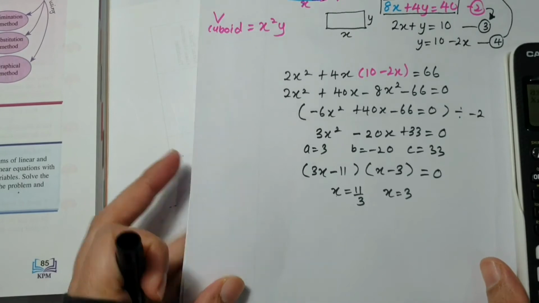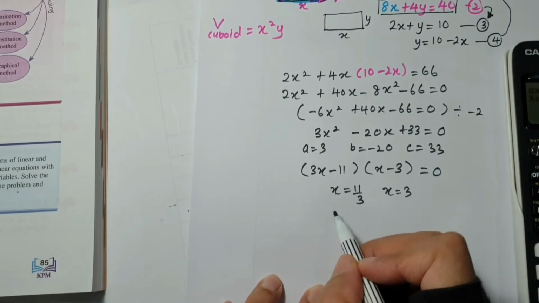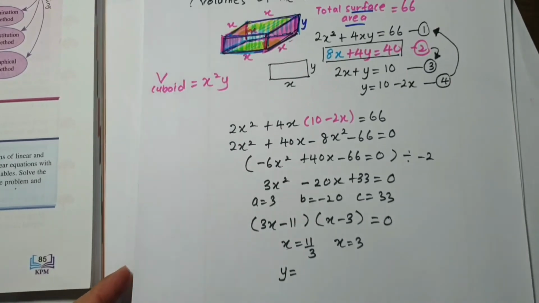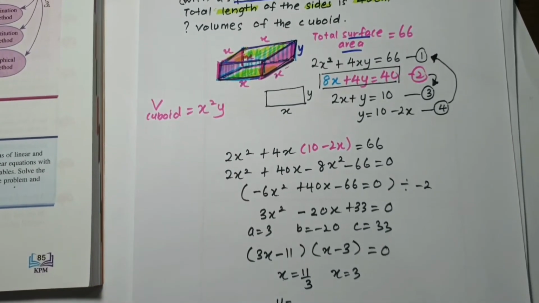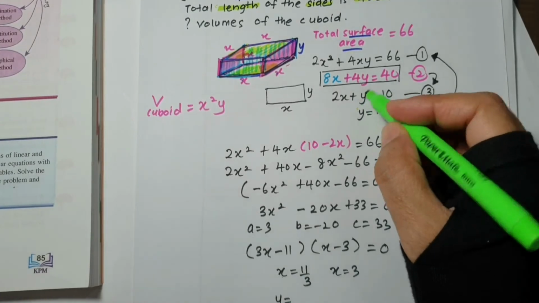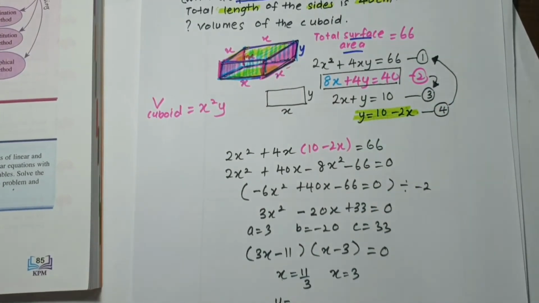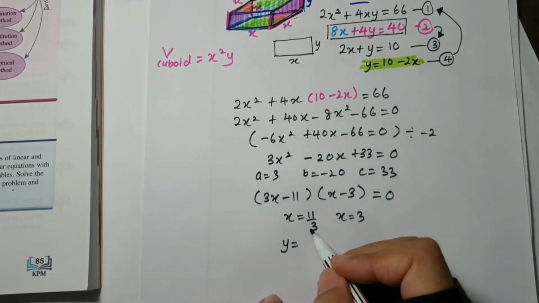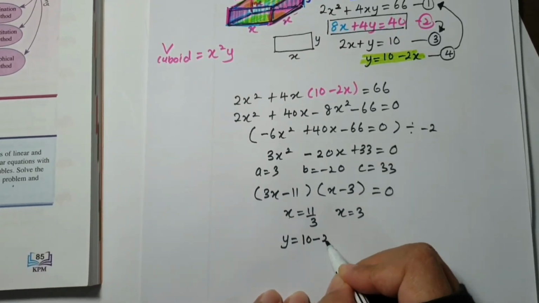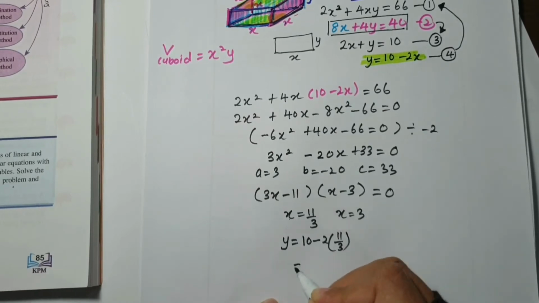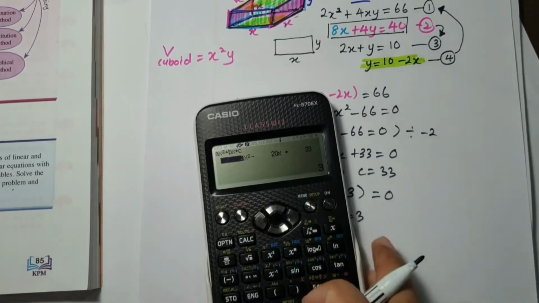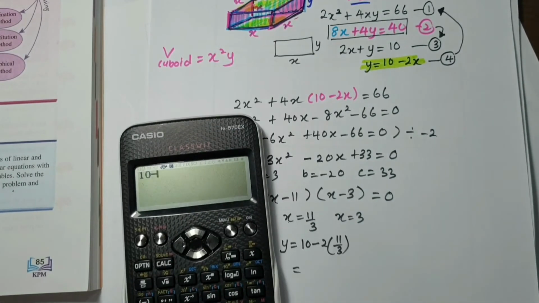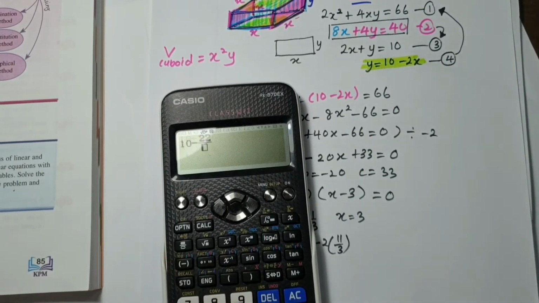If x is 11 over 3, what is the value of y? Put into this equation. Find which one has y as the subject. This one, right? This function. So put in. After you put in, if x is 11 over 3, you simplify this, it becomes 10 minus 22 over 3.